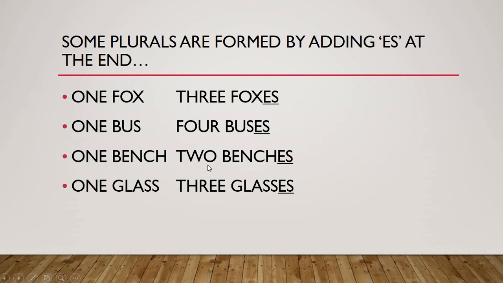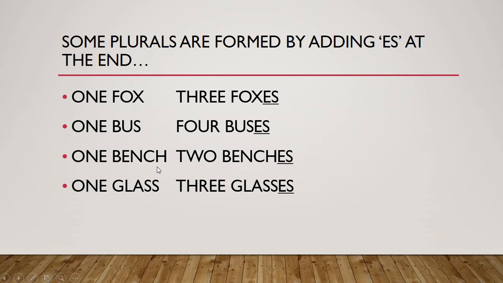Again, let us have a look at that. Fox ends with x, so we have to add es, so it becomes foxes. The word bus ends with s, so we add es to make it plural, so bus becomes buses.